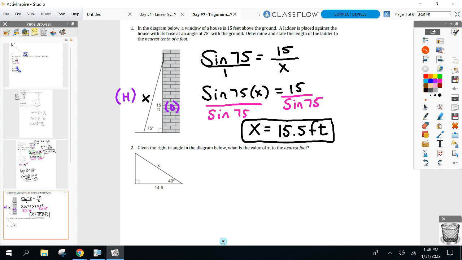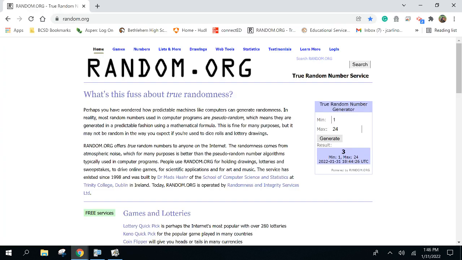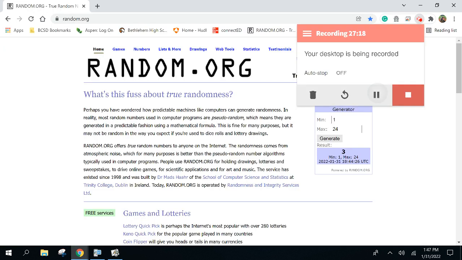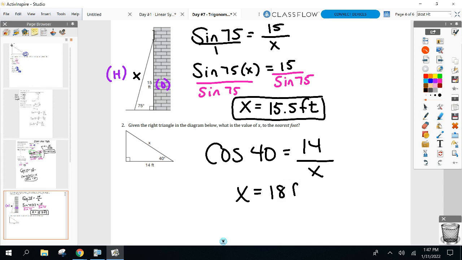All right, you and your group, number 2. Go ahead, nearest foot. Here we go. Back to you guys now. Opposite of the hypotenuse.